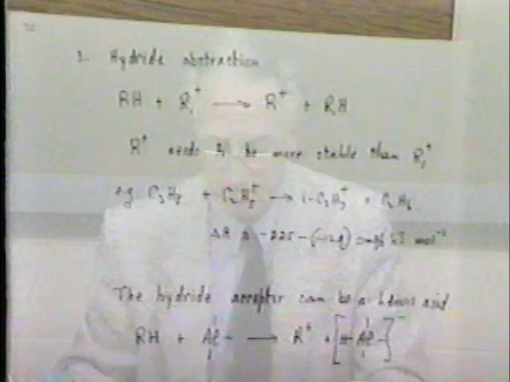Now, something about how you form them. By far the easiest, and from the point of view of hydrocarbon chemistry, probably the most important method of formation, is proton addition to an olefin. Here's an example. Proton is an electrophile.